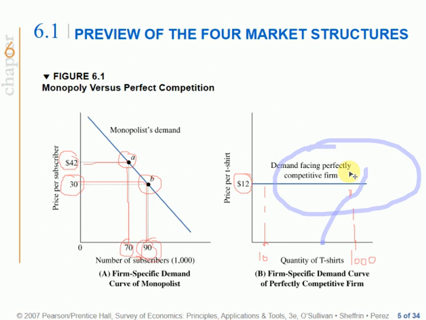So the decisions made by the monopolist have a direct effect on the market price. Under perfect competition, these decisions do not have any effect on the market price. This is the difference between being a price maker, the monopolist, and a price taker, perfectly competitive firms.